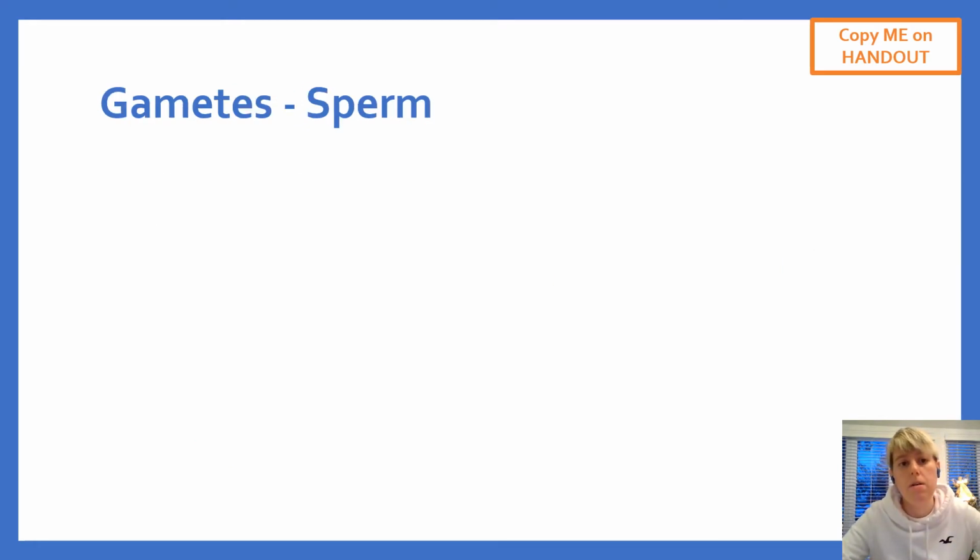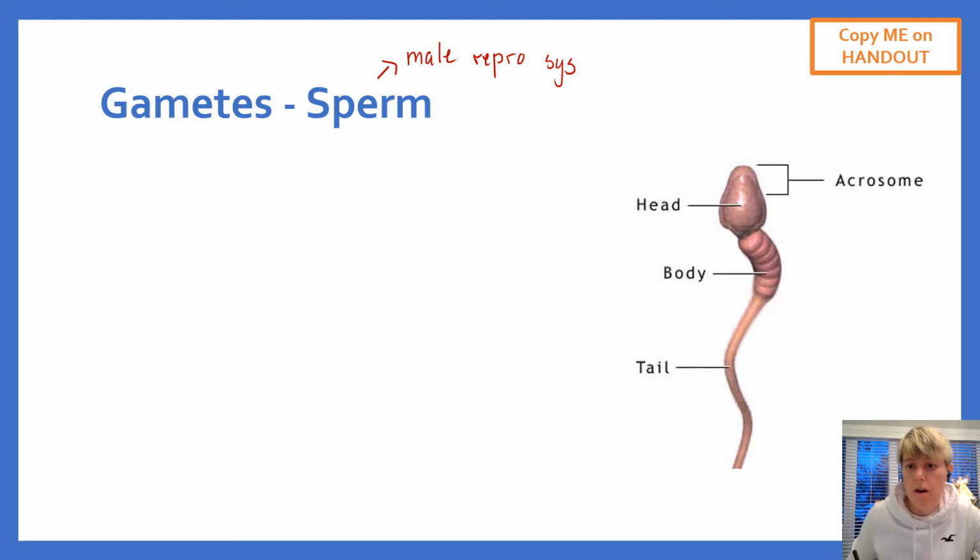When we're talking about sperm, remember, this is the sex cell that comes from the male reproductive system. It is pretty basic in the sense that it does not look like any other cell in the biological male body. The structure has a head, which has the genetic information.